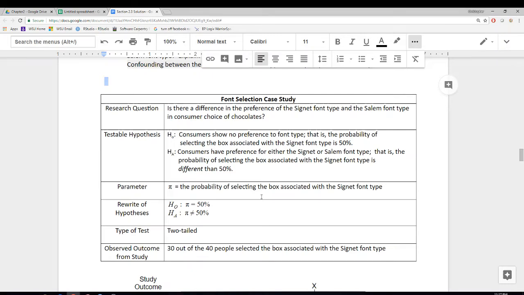This is another 50-50 scenario. There's the tray that they were presented. They have two outcomes. They either pick the Signet font or the Salem font. So it's a 50-50 case. They wanted to know, is there a difference? My research question has the words "is there a difference?" That's usually a pretty good indication that it's two-tailed here.